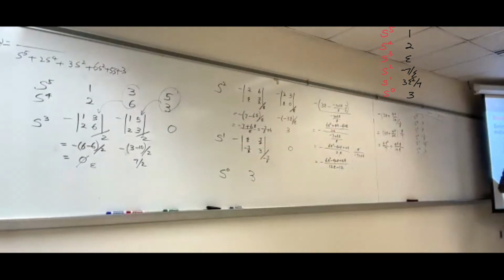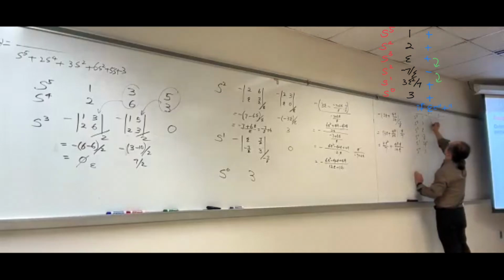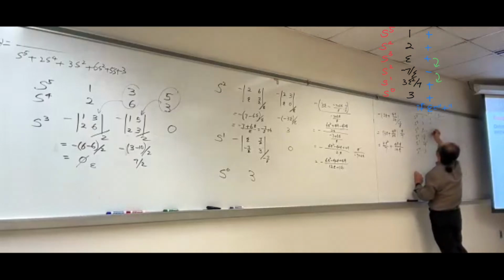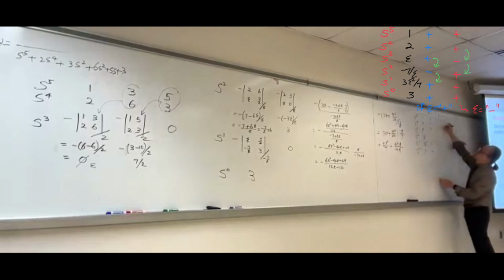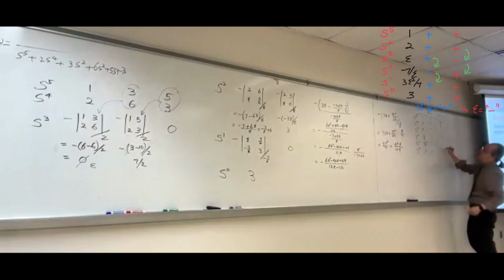Now, 49 over 14 is a positive solid number, so we can just ignore that. So this is positive, positive. Epsilon is positive, this is positive. Negative 7 over epsilon, with epsilon positive, is going to be negative. This is positive, positive. If epsilon is negative, we have positive, positive, positive. This one is going to be positive.